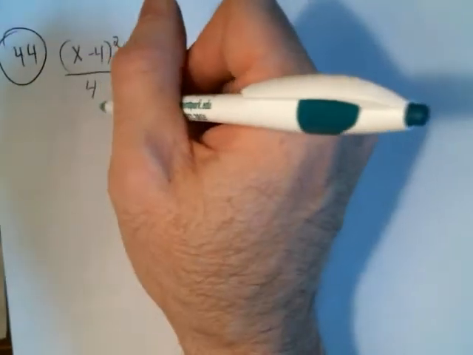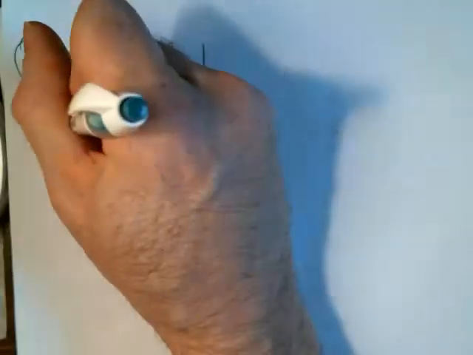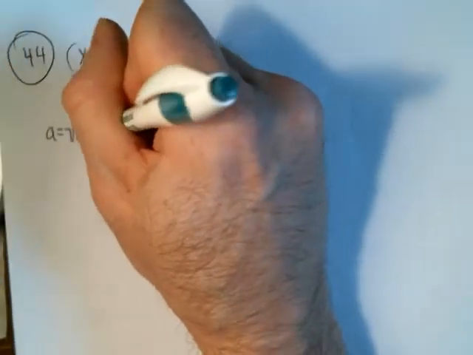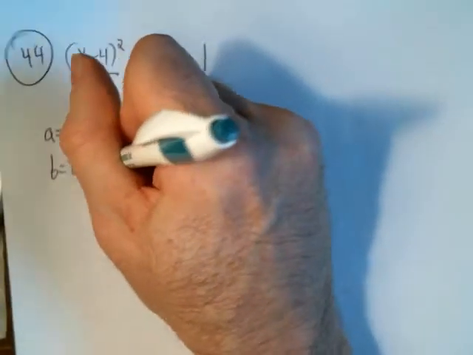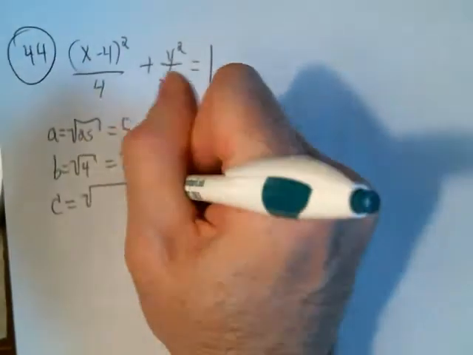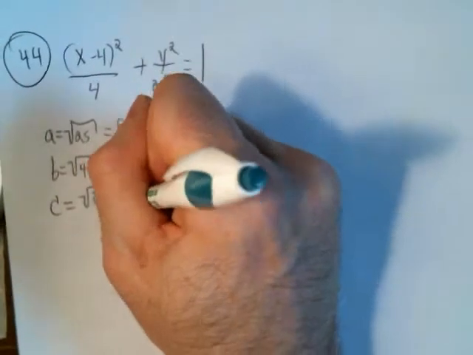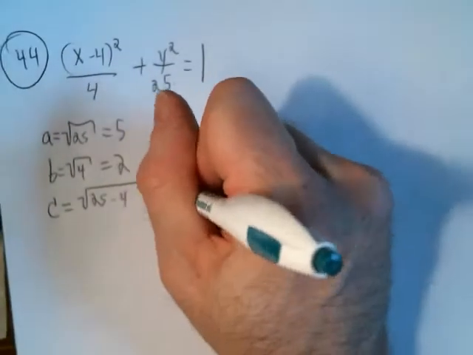We'll need our center as well here, but let's get the a, b, and c first. So a is square root of 25, which is 5. b is the square root of 4, which is 2. So they're giving us some nice numbers to work with. c is the square root of 25 minus 4, square root 21, and the approximation 4.58-ish.